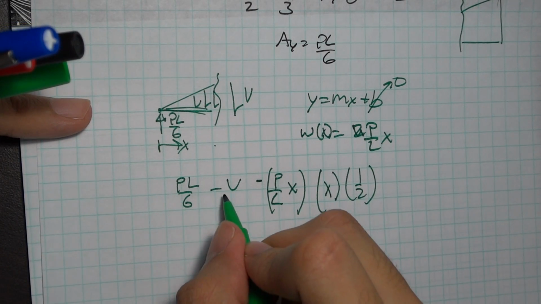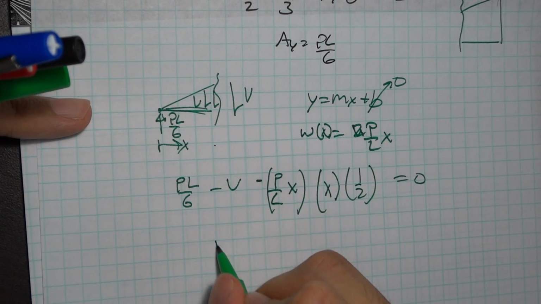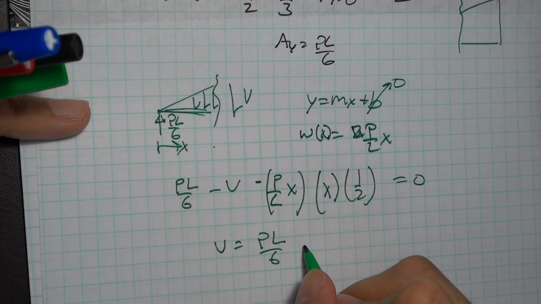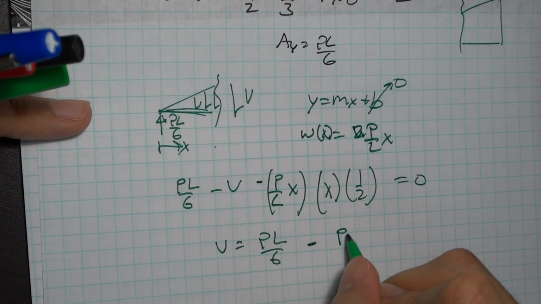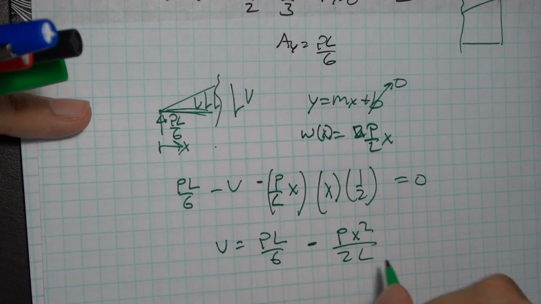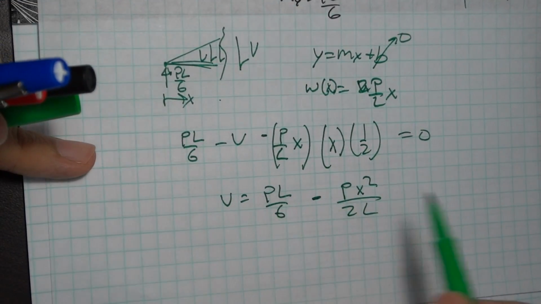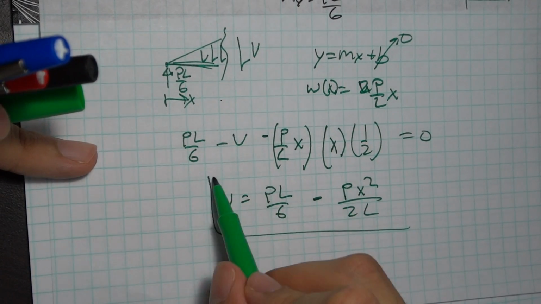So my V, if I equals 0, so my V equals PL over 6 minus PX squared over 2L. And this becomes my shear equation.